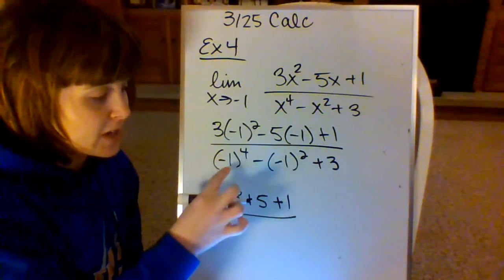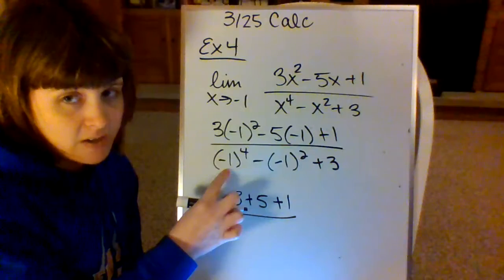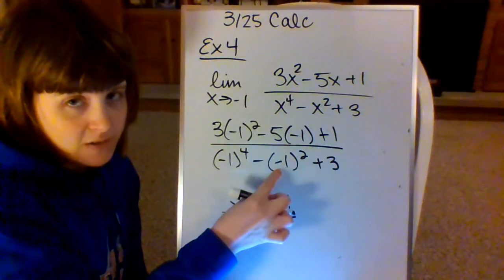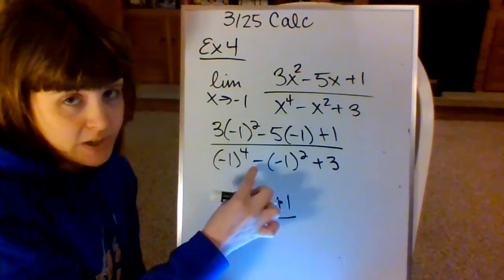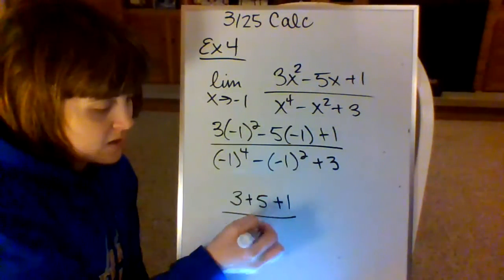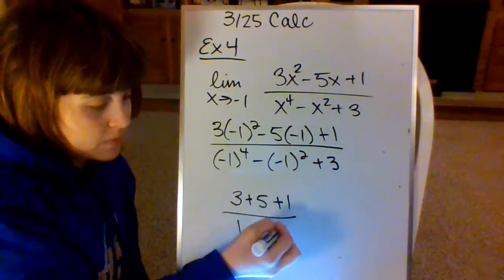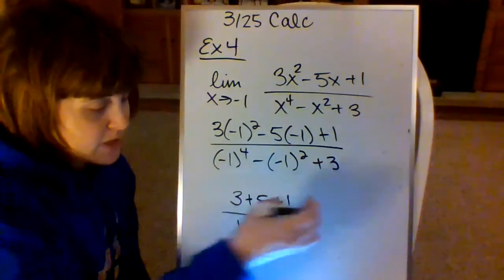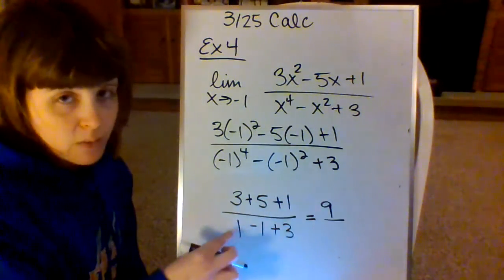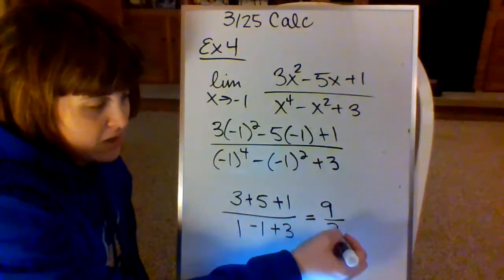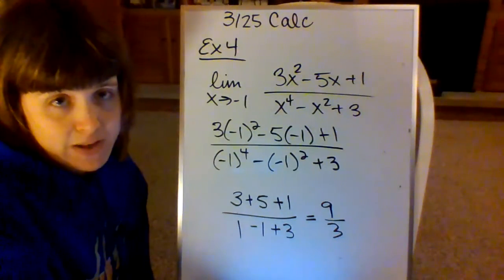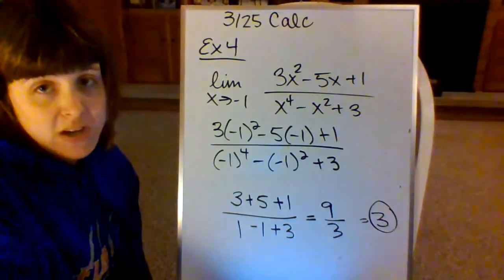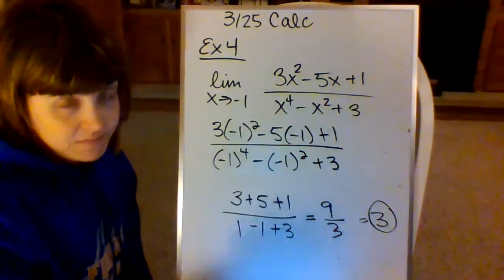And then on the bottom, we're going to have negative 1 to the 4th, which is 1, minus negative 1 squared, which is 1, so we're going to subtract 1, and then plus 3. Okay, so let's see what this equals. 3 plus 5 plus 1 is 9. 1 minus 1 plus 3 is 3. And finally, 9 divided by 3 is 3. So the final answer there is 3. You just had to do some algebra to get there.